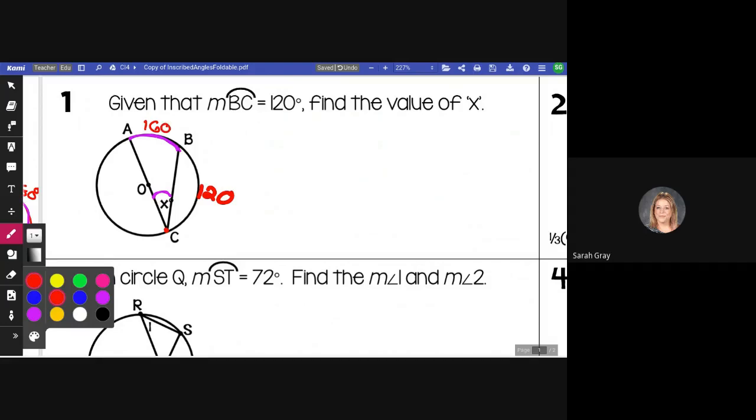Not 160, 60. From A to C has to be 180 degrees because it's halfway around the circle, because line AC is a diameter. So that means our 60 and our 120 had to add up to be 180. So the arc is 60. What's the angle? 30. Good. The arc is bigger than the angle.